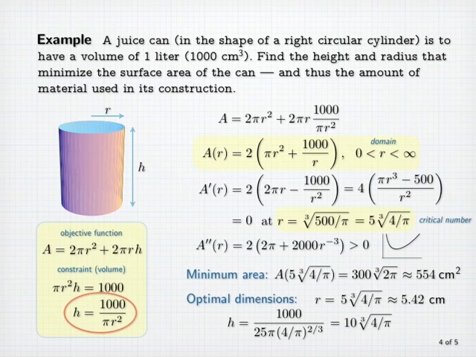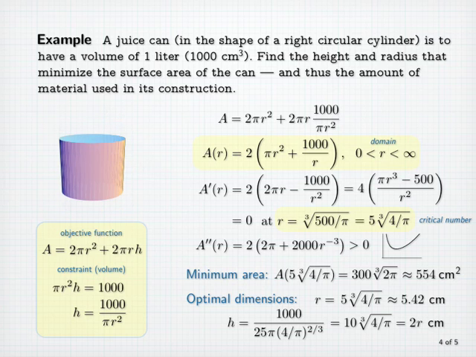And let's notice that that is exactly 2 times the optimal radius. This tells us that the surface area of the can is minimized when the height is equal to the can's diameter. So the can with minimal surface area will actually have a square vertical cross-section.